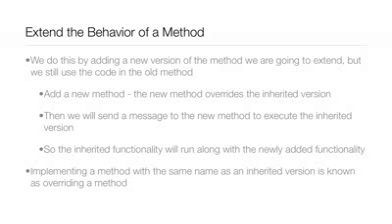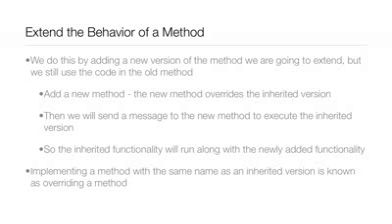You can also extend the behavior of a method. We do this by adding a new version of the method we're going to extend, but we still use the code in the old method. So you add a new method, and the new method overrides the inherited version, and then we send a message to the superclass, using the same name as the old method, to execute the inherited version.